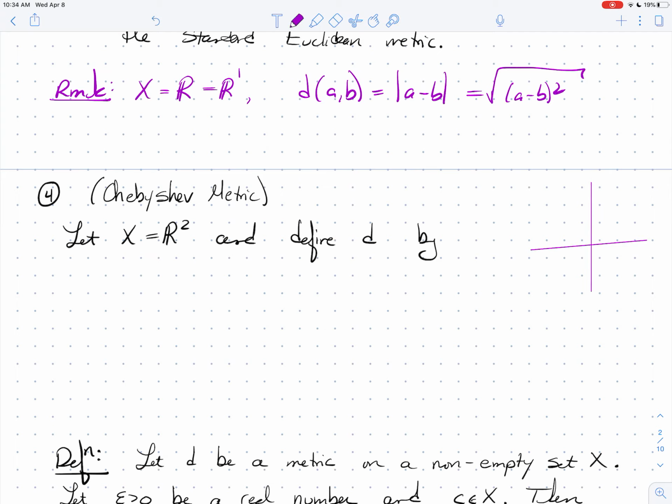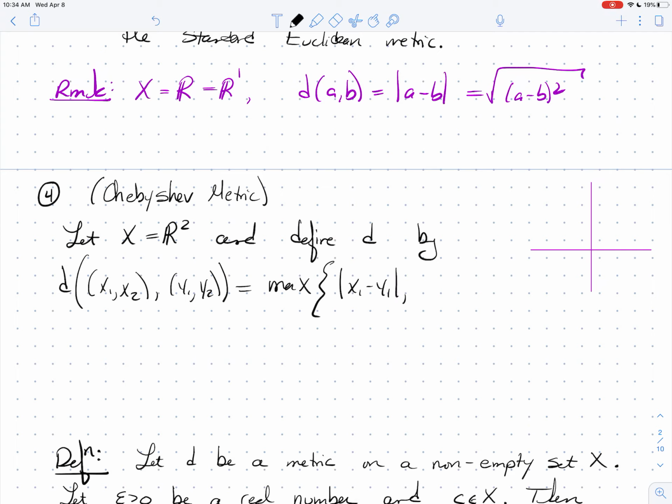Well, we define D of the distance between 2 pairs of points, x1, x2, and y1, y2, as the max of the following set. The first element is the absolute value of x1 minus y1, and the second element is the absolute value of x2 minus y2. So you compute those things, you take the largest of the 2, if they're the same, that's fine, and that's the distance between your 2 points.